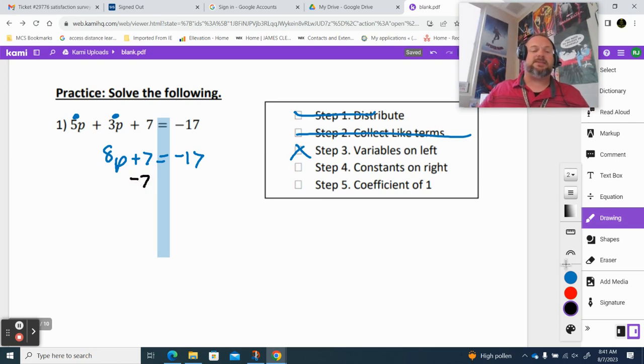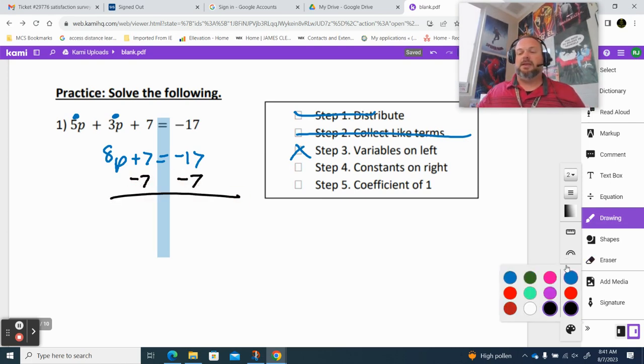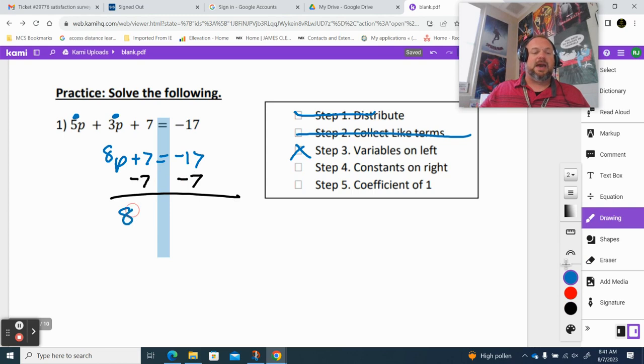So we're going to subtract this 7. I know some of y'all are like, this is where I would get confused because I don't know the rules. If you don't know the rules about add, subtract, multiply, divide with integers, use a calculator. If you do know the rules, you're like, they're the same sign, so I add and keep the sign.